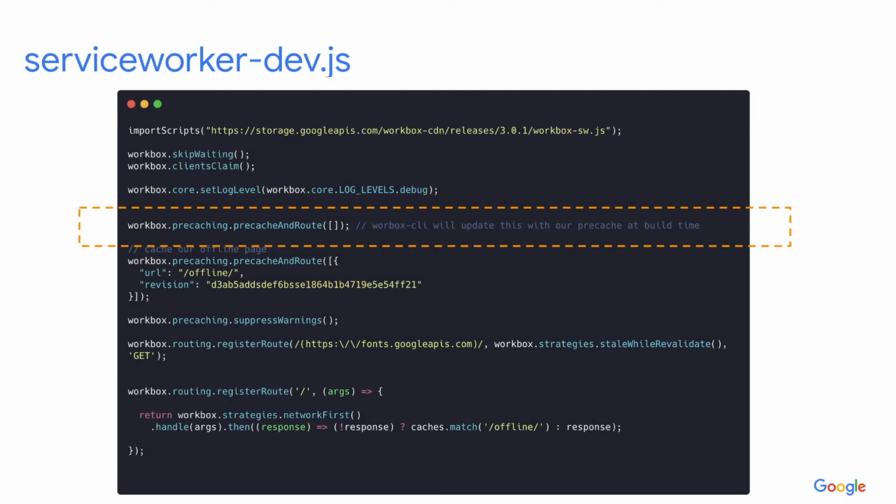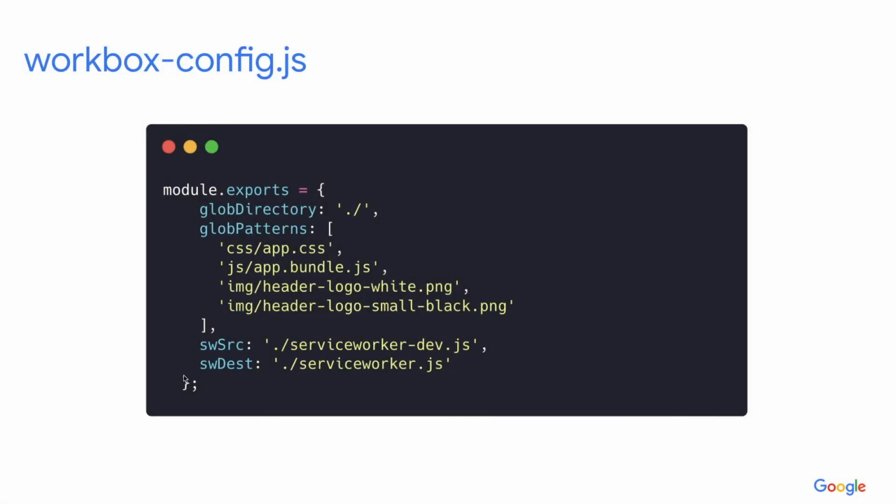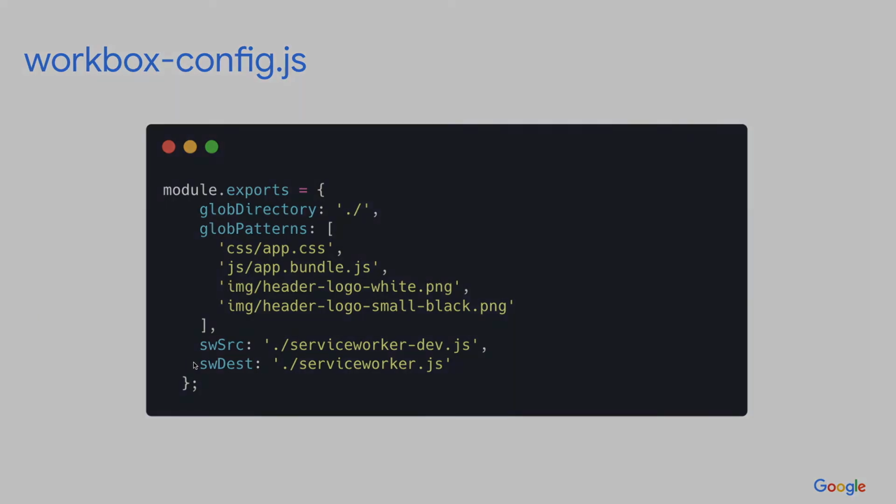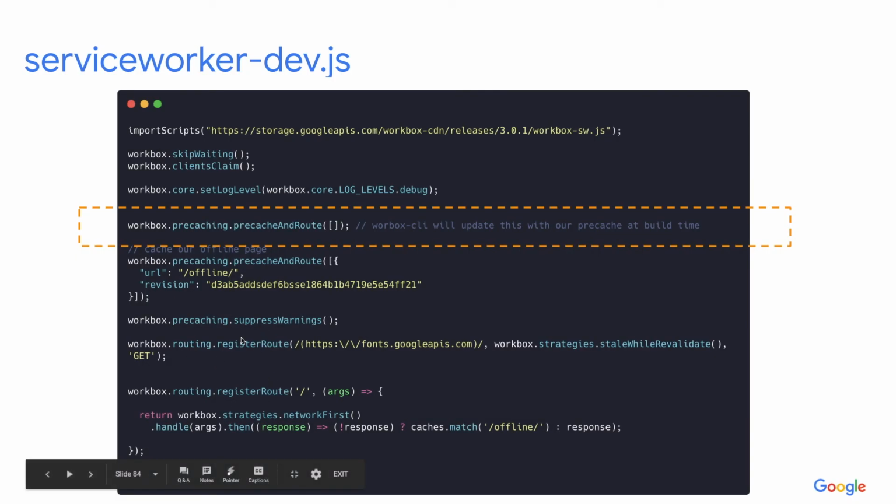And in our service-worker-dev, we have all our custom strategies and everything. But what we want is to update our precache if we make modifications to our own app.js or our CSS. If we rerun the Workbox CLI, all our custom routes will be erased.